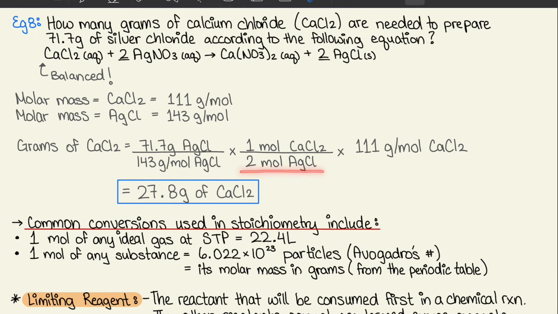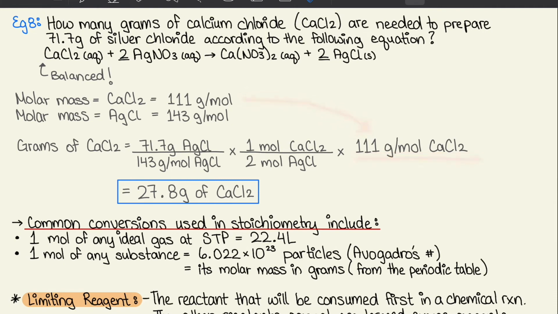So the AgCl grams cancel out and the moles also cancel out. So the units so far that we have are just moles of CaCl2. So we take that and we multiply it with 111 grams per mole for CaCl2 that we have from before.